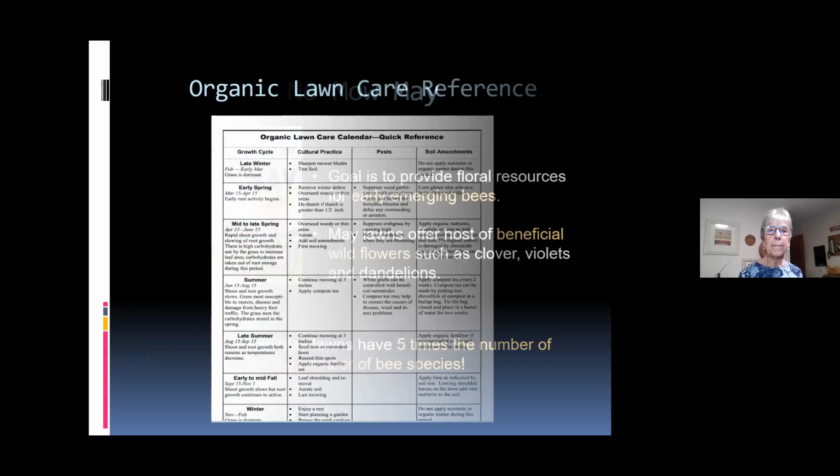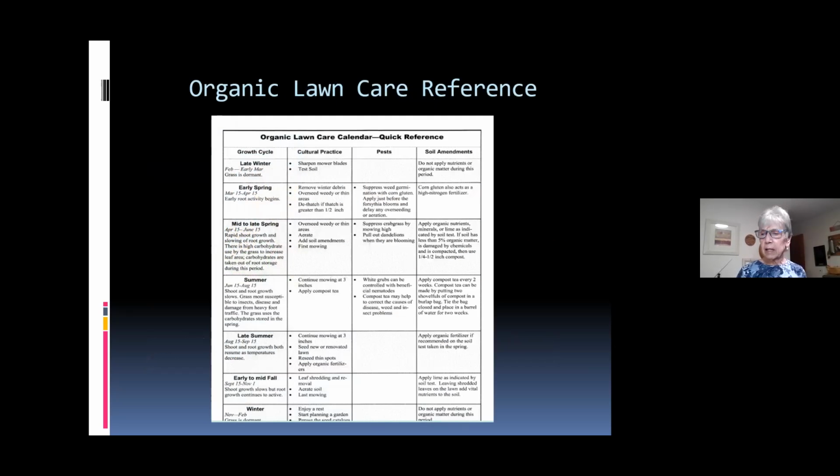This is a great handout. It's an organic lawn care calendar, and it goes by the seasons of what you should be doing, what pests you might find, and what soil amendments you might want to use.